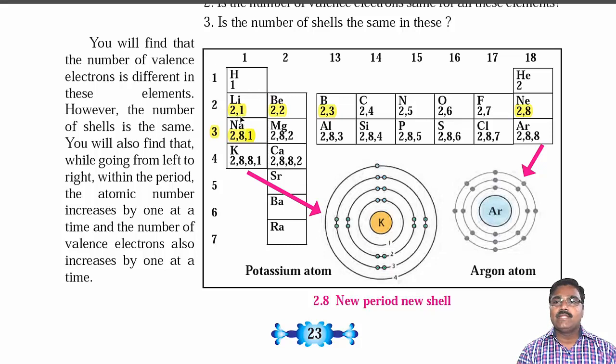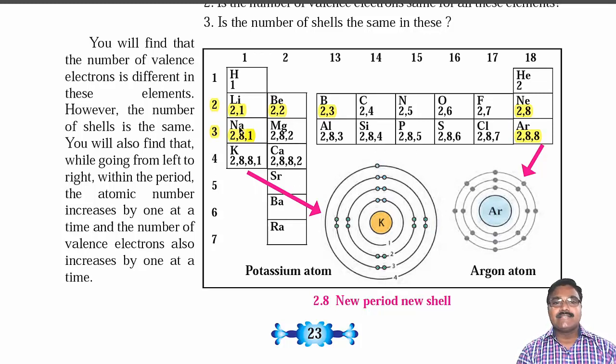Then from lithium to neon, every element has two shells, therefore they are placed in the second period. And from sodium to argon, all these elements have three shells, therefore they are placed in the third period.